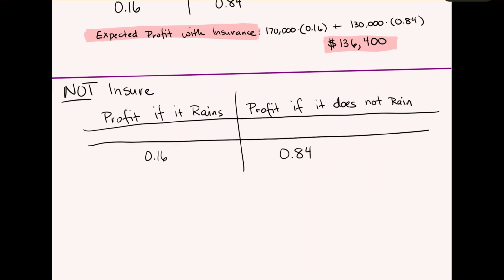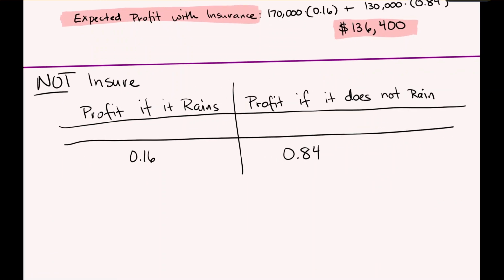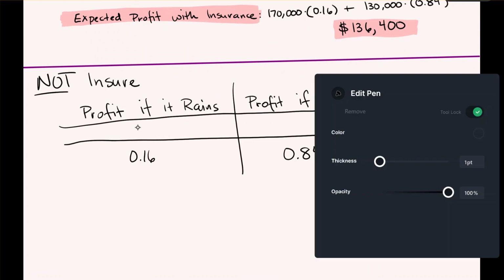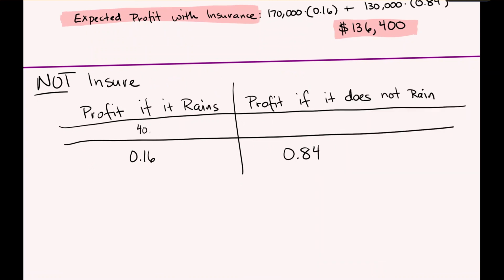And since we're not paying for the insurance, and that was the overall profit already given, we can just say the profit if it rains is $40,000. The profit if it does not rain is $150,000.